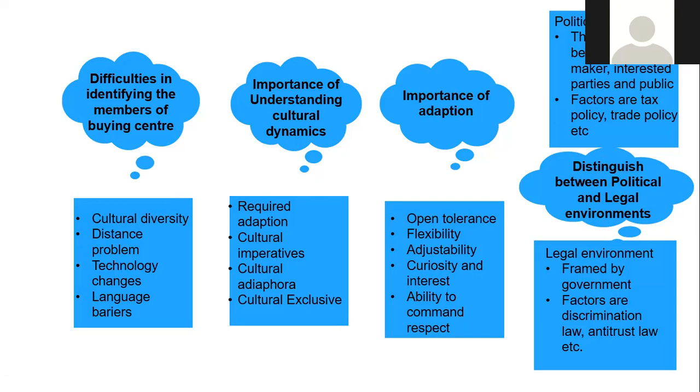My next question is distinguish between the political and legal environment involved in international business marketing. The differences between political and legal environment are political environment refers to the interaction between decision maker, interested parties, and publics.